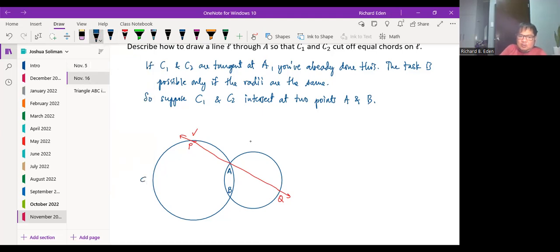This is C1 and this is C2. So if you apply the half turn on C2 with respect to A, that's going to convert that circle C2 to another congruent circle.